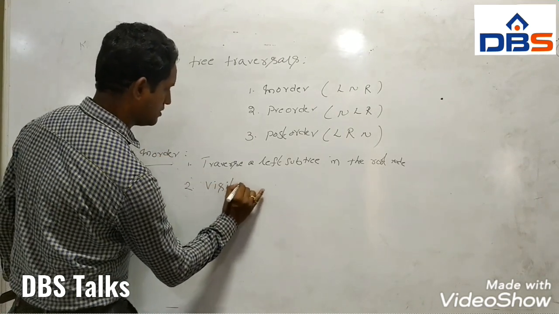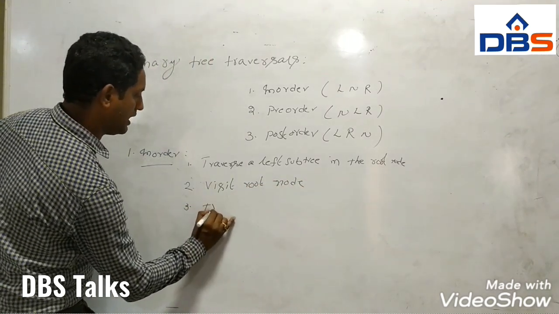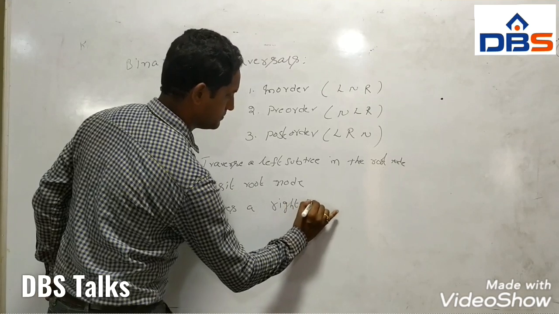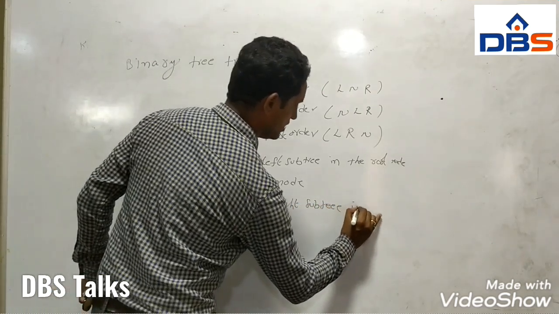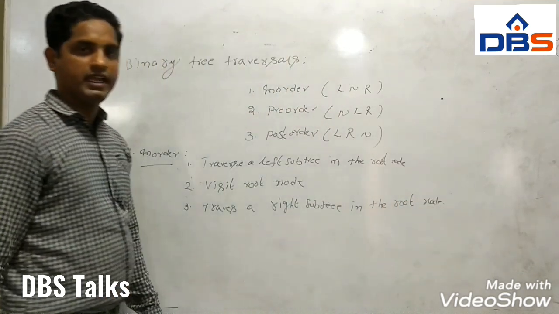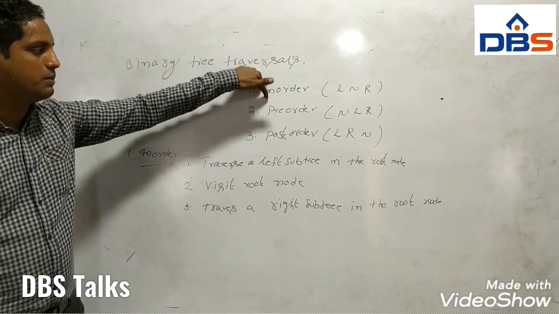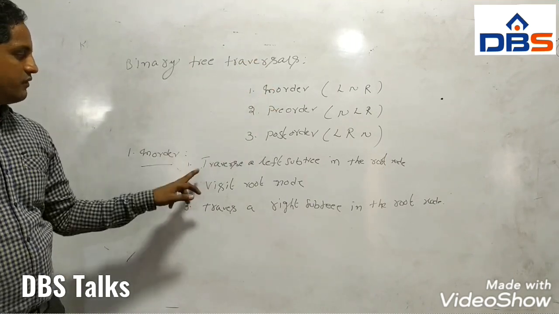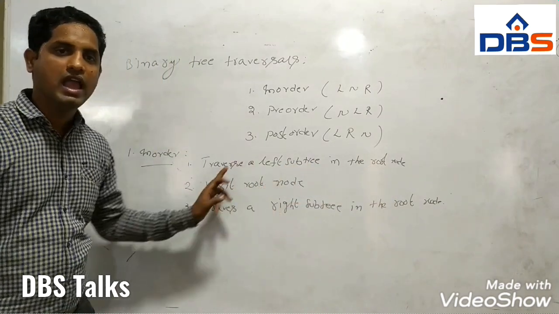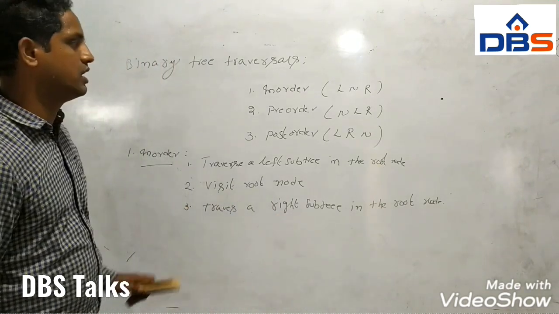Third, traverse the right subtree of the root node. So in this way, the elements will be traversed in the tree traversals: in-order, pre-order and post-order. So first we see the algorithm of the in-order.